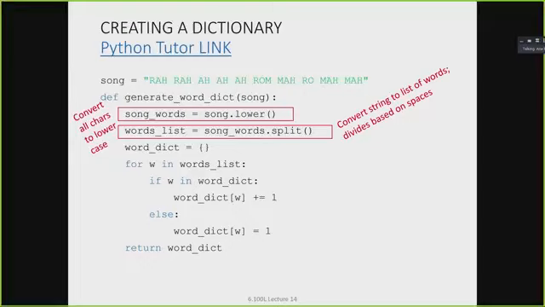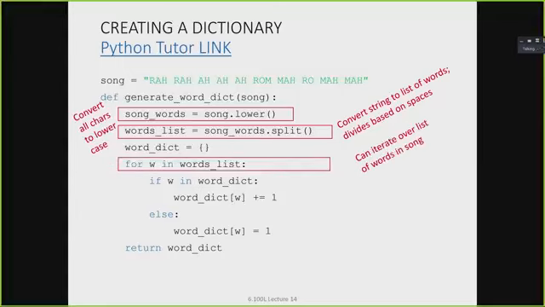Now that I have my word list, I'm going to create my empty dictionary and then populate it. So I'm iterating over my list of words, and then I have a choice. Either I've seen this word already, and I want to update the frequency, right? So I want to increase the frequency by 1, because I've already added this word to my dictionary.